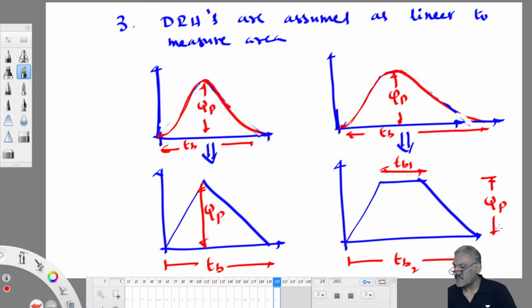Then easily you can measure area under the curve. Understood? Clear or not? If it is clear, then we'll see how this can help us in working out area under the curve.